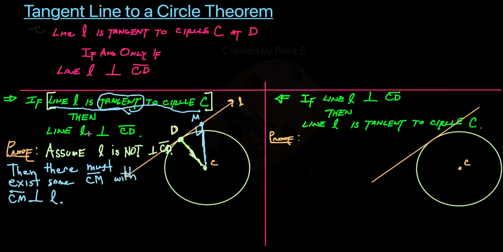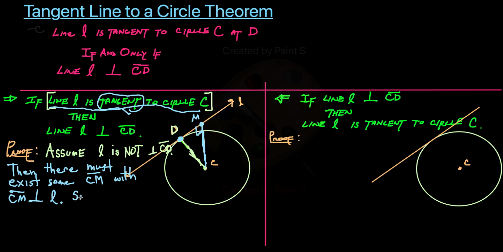A line is tangent to a circle if they meet at exactly one point. So we know L and the circle meet at exactly one point, that's point D. That means this point M cannot lie on the circle, and it has to lie outside the circle.